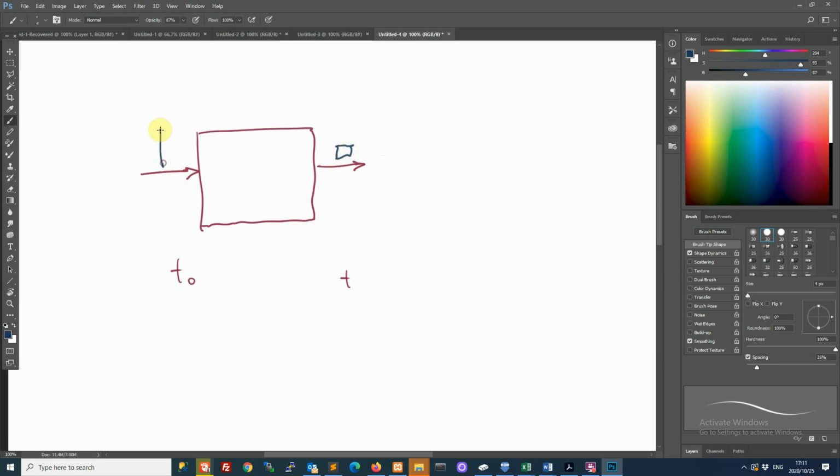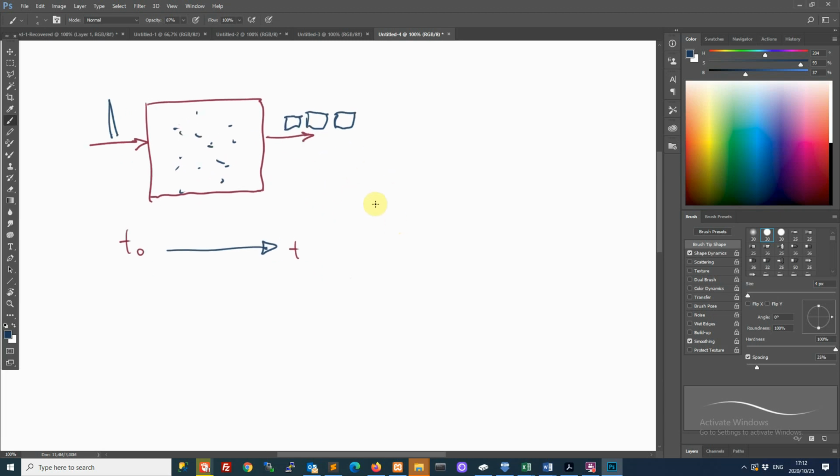So we spiked everything in at some time t naught, then they distributed in here, and then between t naught and t, our fluid elements have been escaping the system. And so we would like to have an accounting of the amount of tracer left over in that reactor.